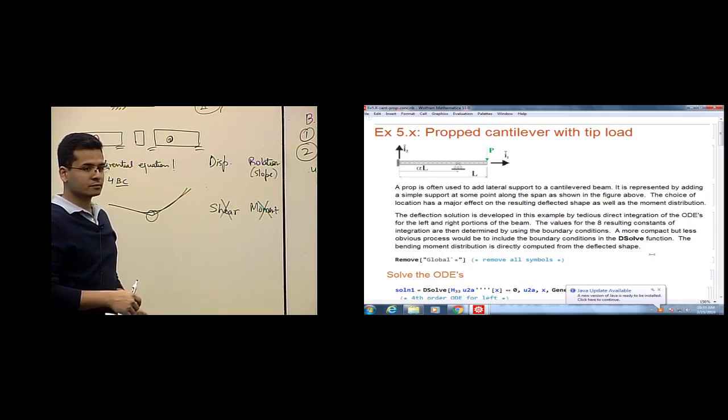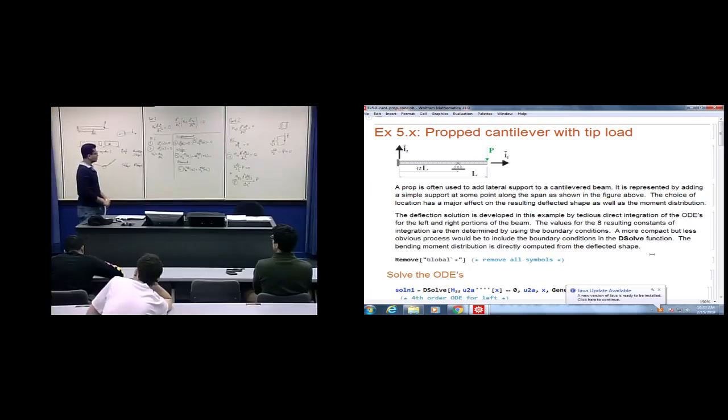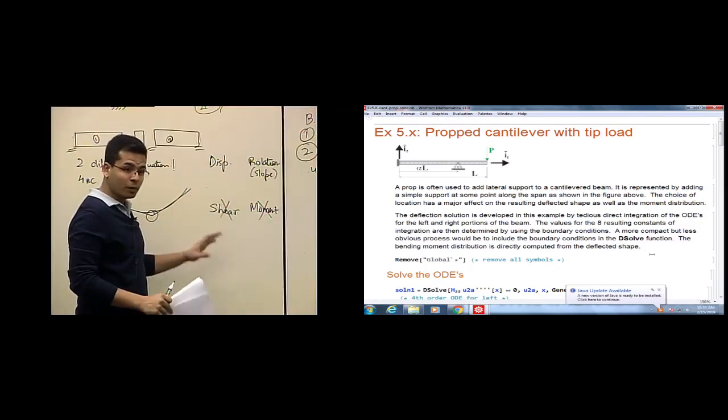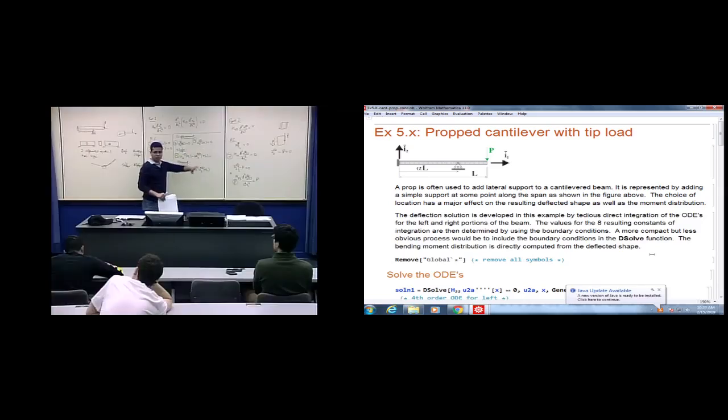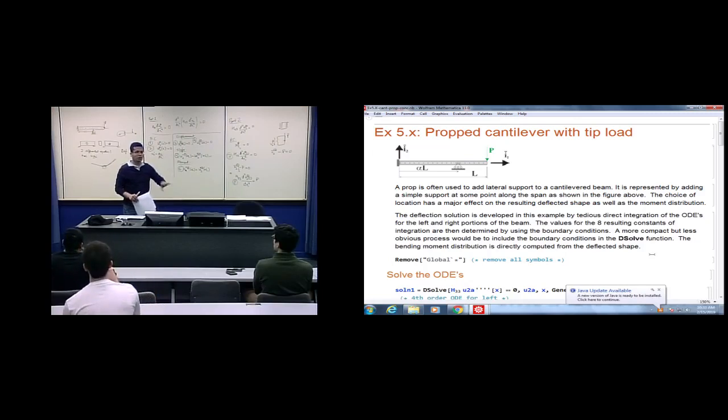So what you're saying is valid only if we have a support, right? So this is a boundary condition. I'm saying that if you have a boundary condition, you cannot have a shear force boundary condition. But if you have a continuity of displacement, that's not a boundary condition. It's not saying that displacement is 0. You're not fixing any value. You're just saying it should be the same. So you need one more equation in that case. Okay?